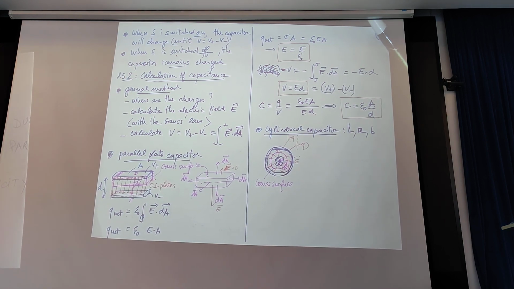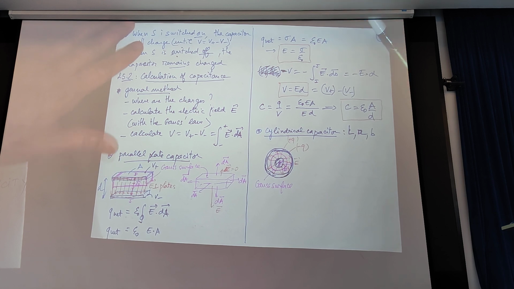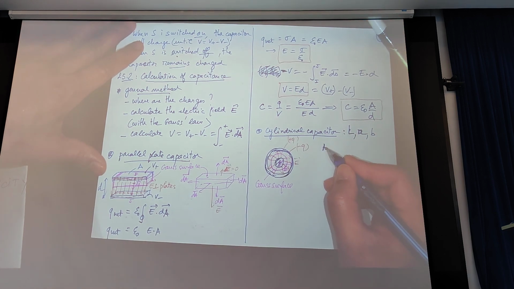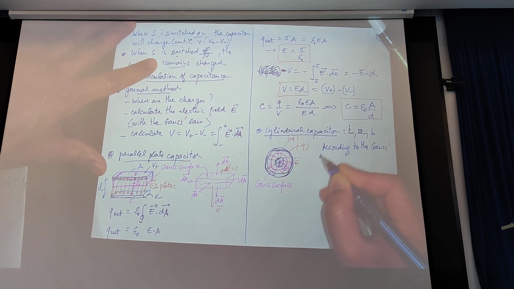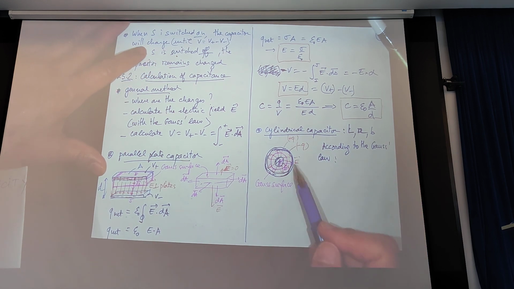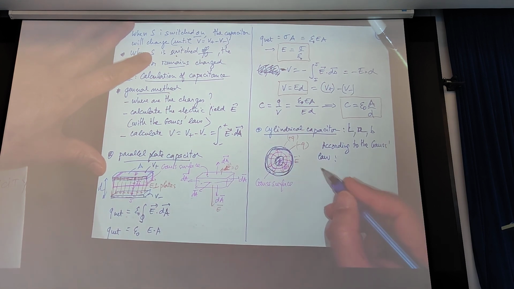Can you imagine that? Yes? Okay, so now we are going to apply the Gauss law again. So according to the Gauss law, the flux of this electric field around the surface of the cylinder here is equal to Q net over epsilon 0.